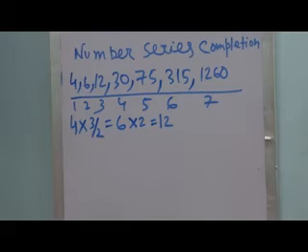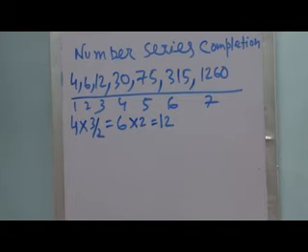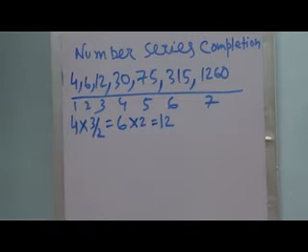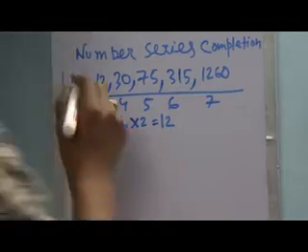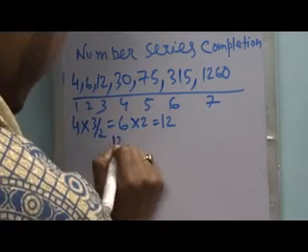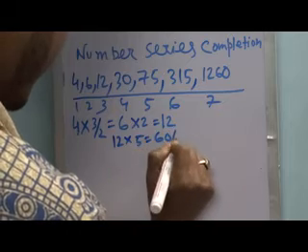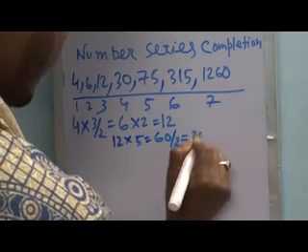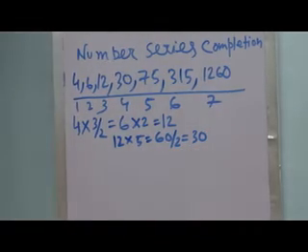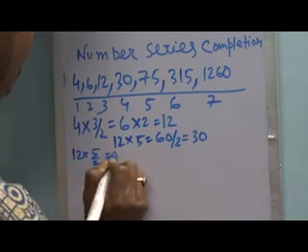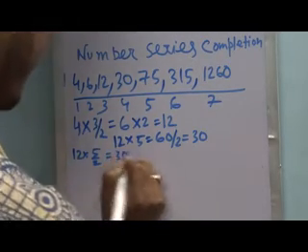How can we get 30 by taking the number 12? So let's multiply 12 by 5. What do we get? 60, and then divide by 2 equals 30. Okay, so 12 into 5 by 2 equals 30.